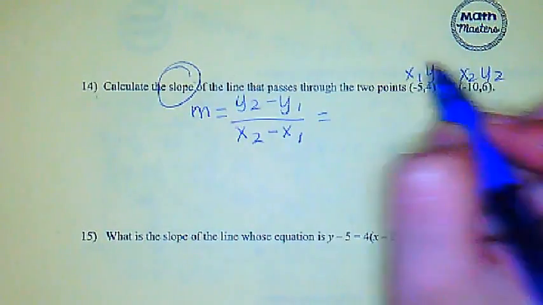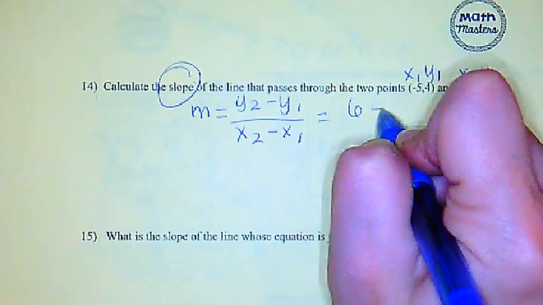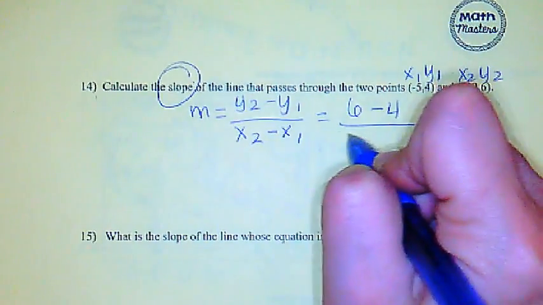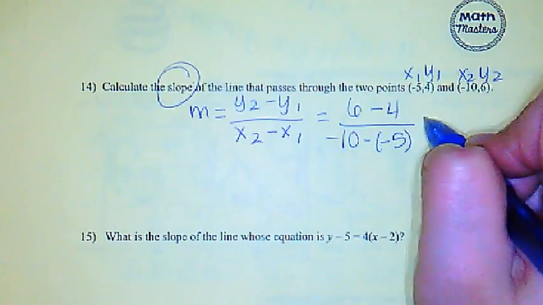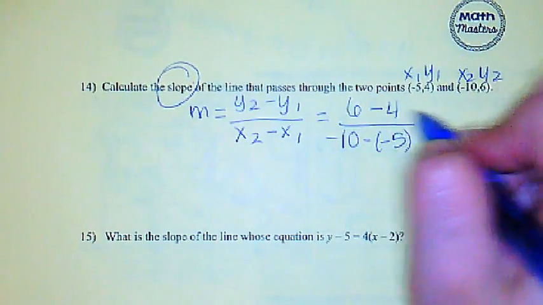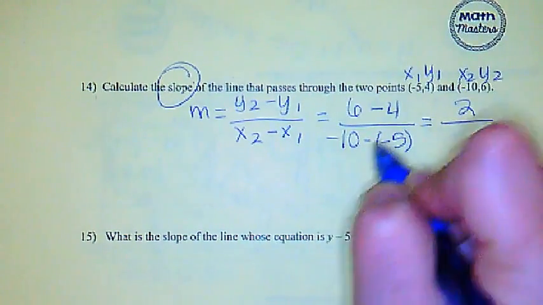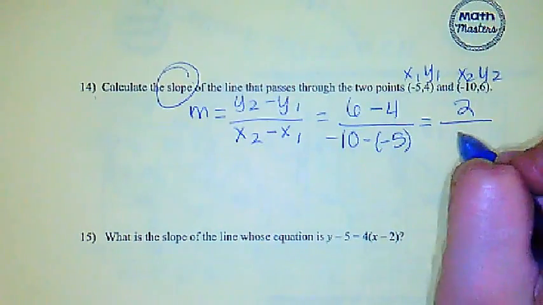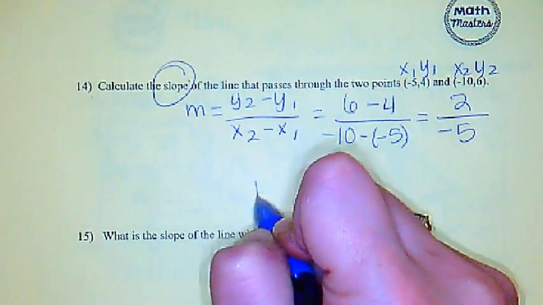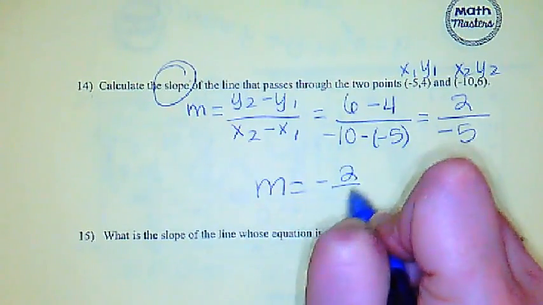So that would be 6 minus 4, and then negative 10 minus negative 5. So 6 minus 4 is 2. And then negative 10, this would change to a positive, so this would be negative 5. So m is equal to negative 2 fifths.